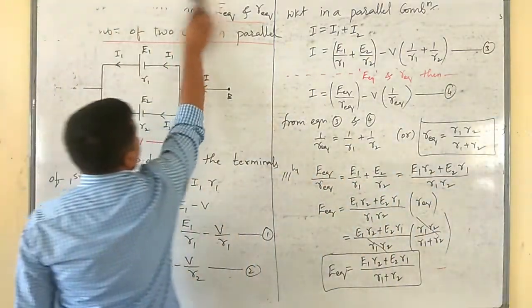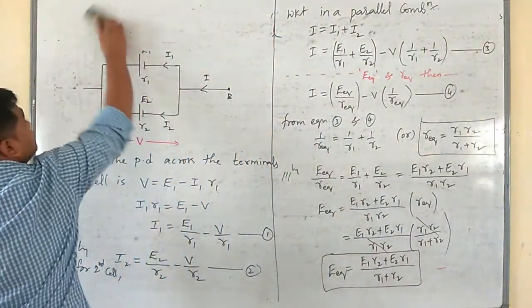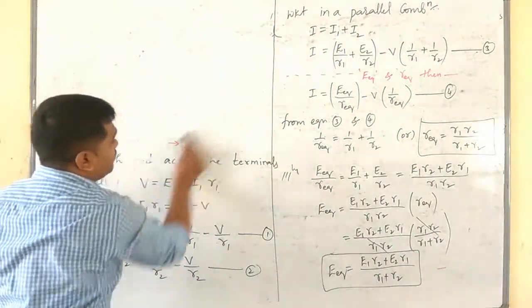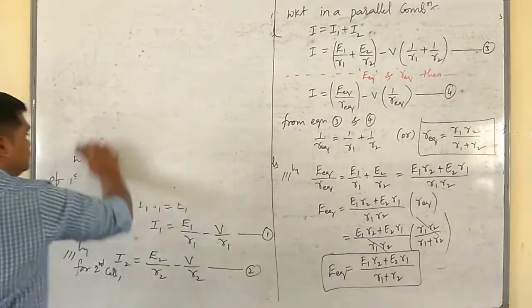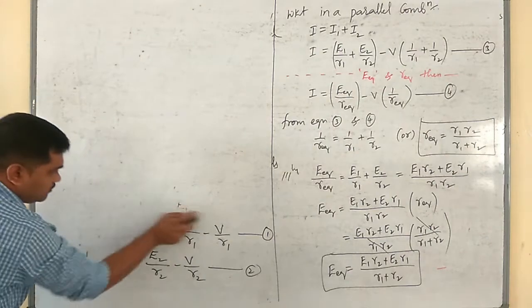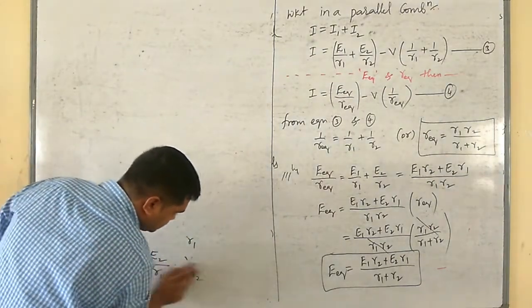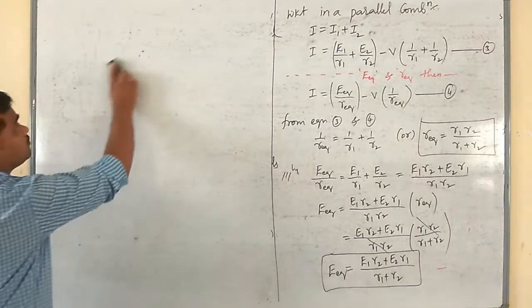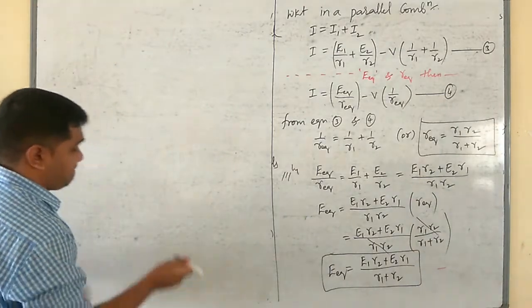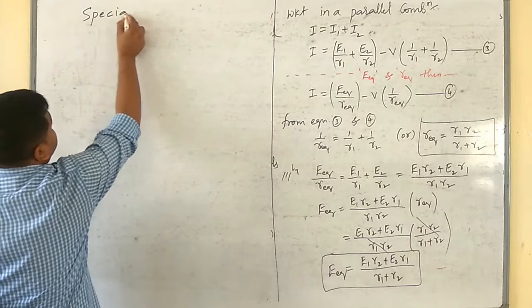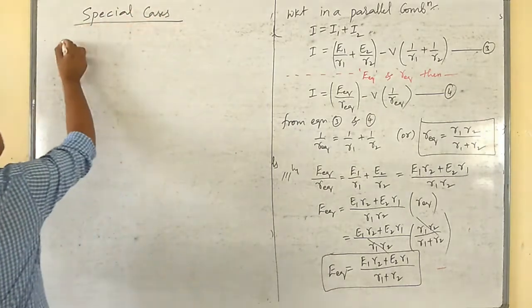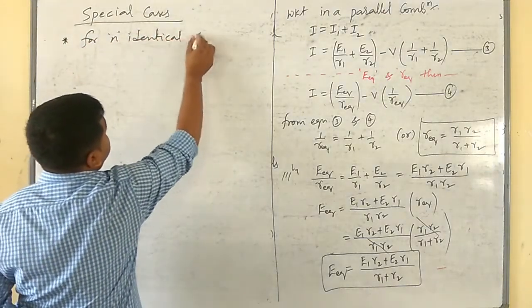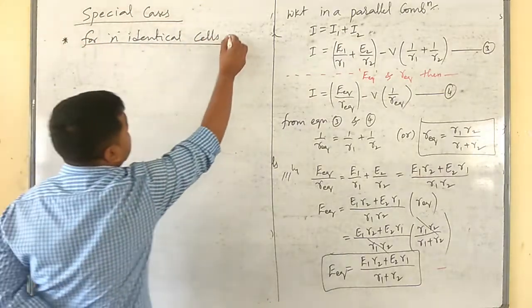Now let us go to some special cases. First one, for n identical cells in parallel.